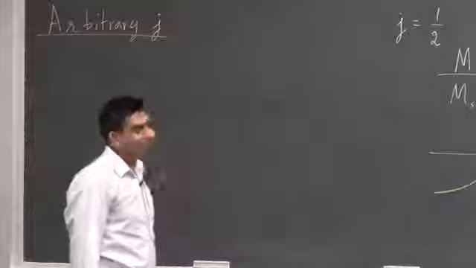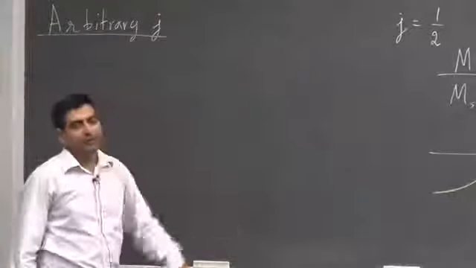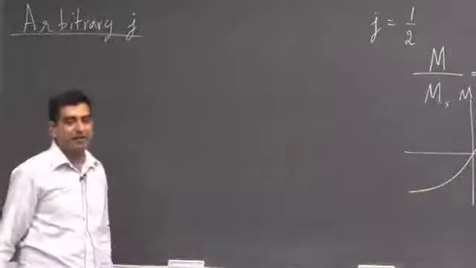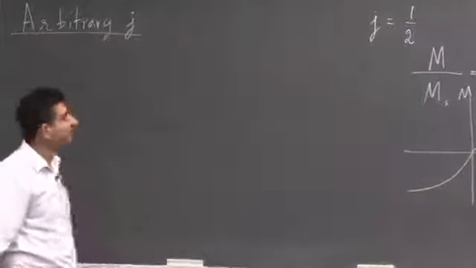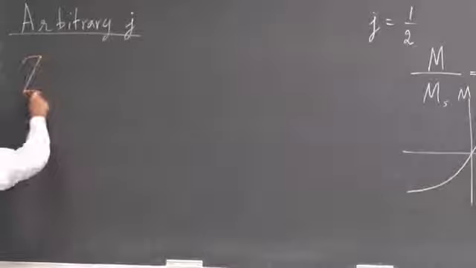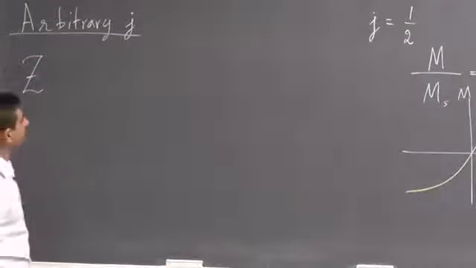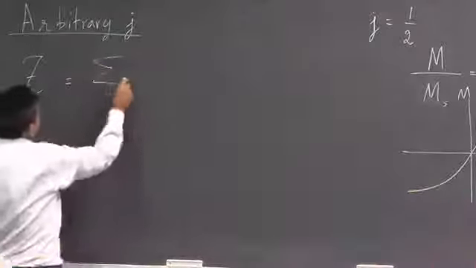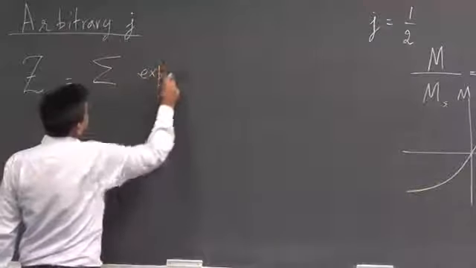All right. So let me review this quickly. Suppose you have an arbitrary J, which means J could be half, 1, 3/2, etc. The partition function for such an arbitrary J material is of course given by the sum of the exponent of the energies.